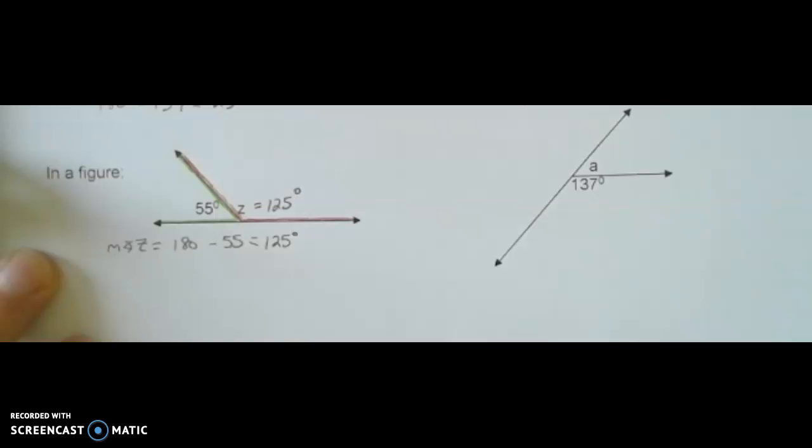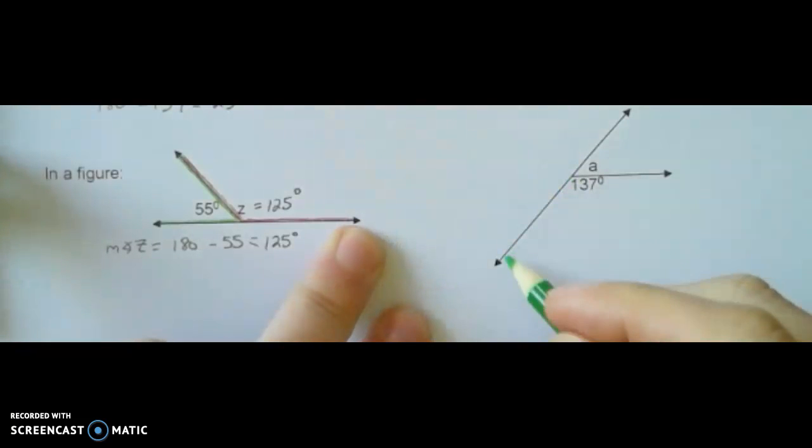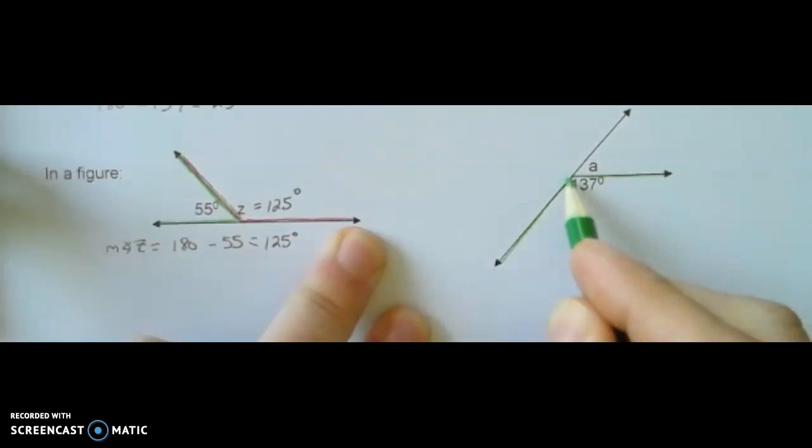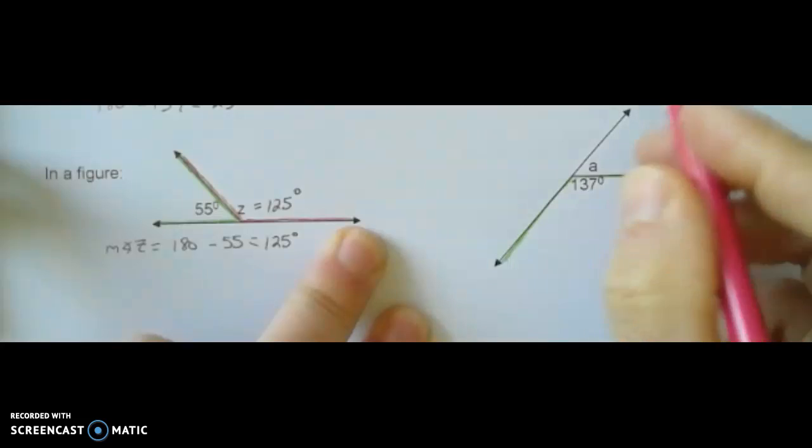In our next picture, we have a 137 degree angle and an angle that's labeled A, and we're trying to figure out the measure of angle A. So again, I'll use my colored pencils. I'll trace the 137 degree angle in green. Okay, and I'll trace angle A in red.